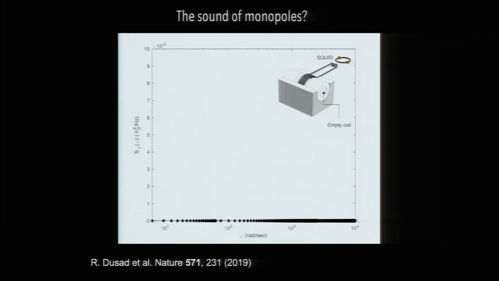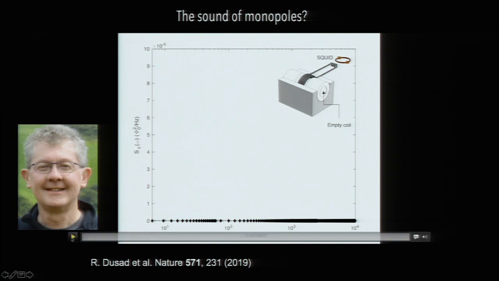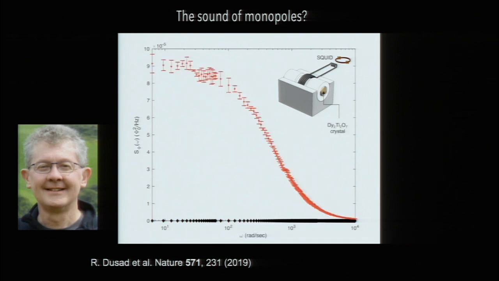Very recently, with my colleague Seamus Davis, who's just moved from Cornell, we've been thinking a lot about how to do this, and this is the sound of magnetic monopoles. So this is measurements of dysprosium titanate in his crystal, and this is with the sample in the squid, and this is with it out, so you can tell the difference.